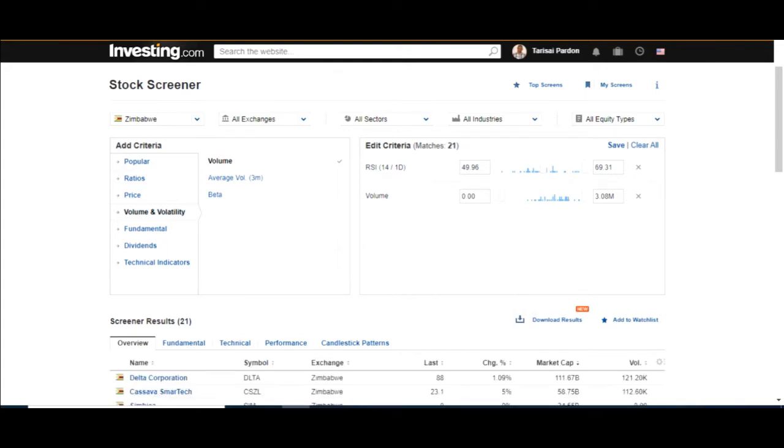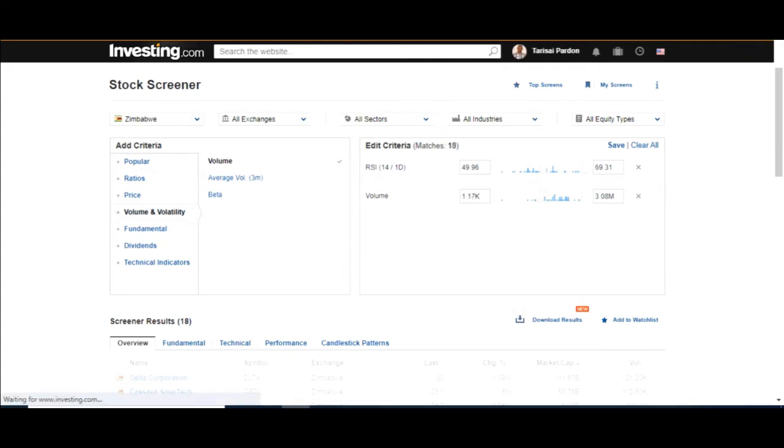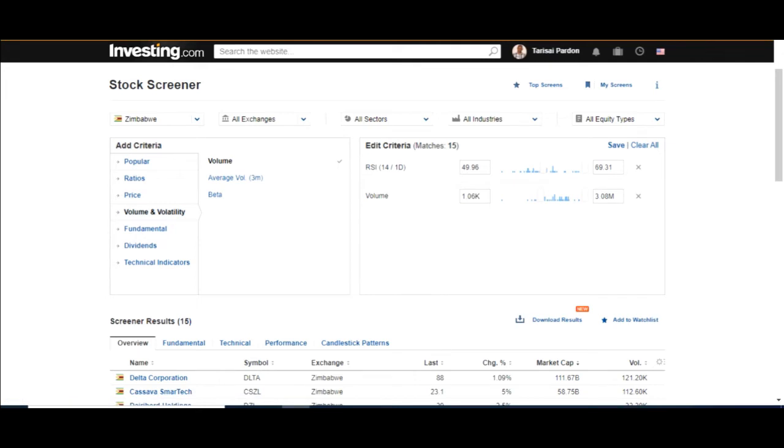On volume I'd like to see at least 100,000 as the minimum volume traded for each of these counters, and the closest I can get to is a minimum of 106,000. You would see that we can go up to a maximum of 3 million on volume, and this has further refined my counters to 15.